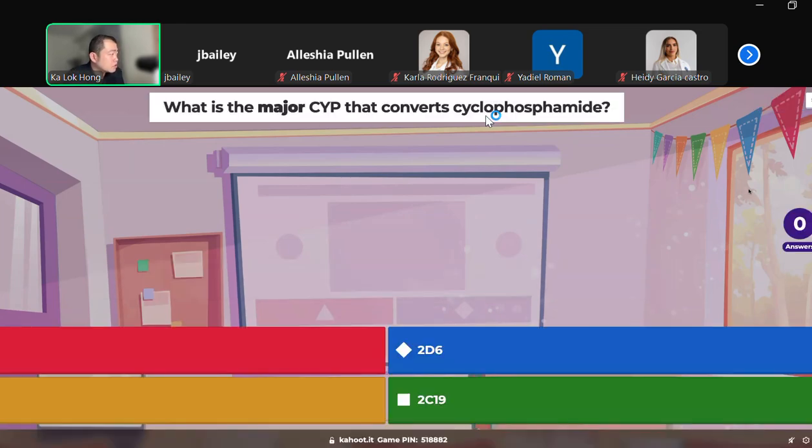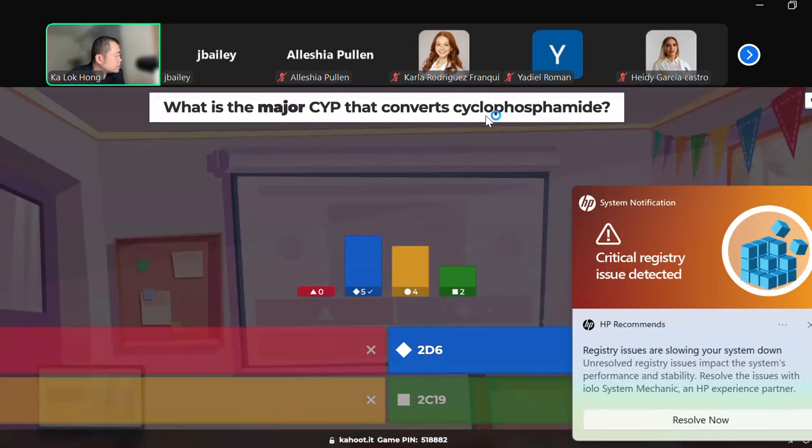Cyclophosphamide transformation. So okay, all right, 2D6 is the major.